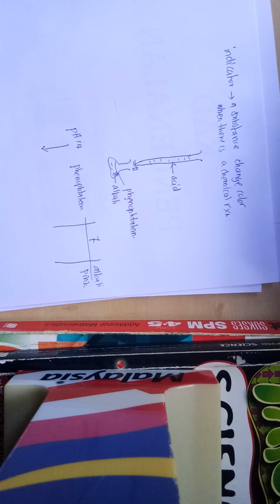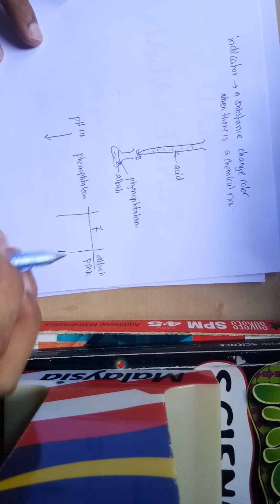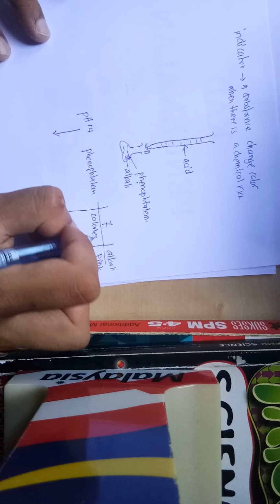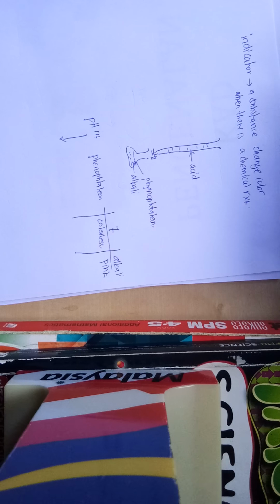So the reaction happens and the color will change from pink, and at pH 7 it becomes colorless. So when you see the color change from pink to colorless, you know that you need to stop the reaction because it has already achieved neutral pH. That is what we call an indicator. An indicator is a substance that can change color when a chemical reaction happens.